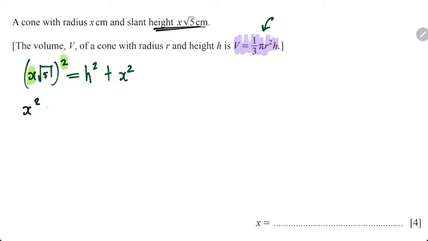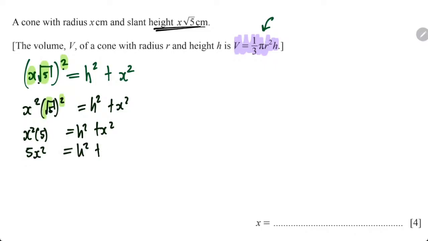Then you have to square this one as well, so it will be root 5 squared. It is equal to h squared plus x squared. Root and squared will cancel. This becomes a 5. This becomes 5x squared, equal to h squared plus x squared.